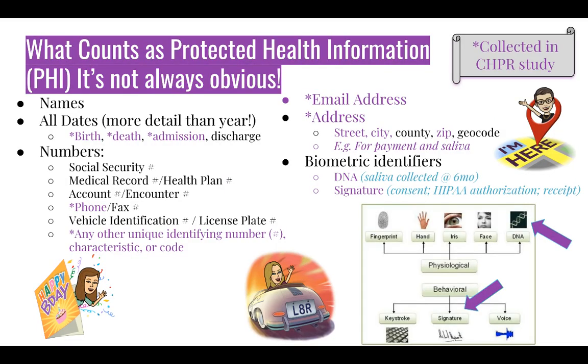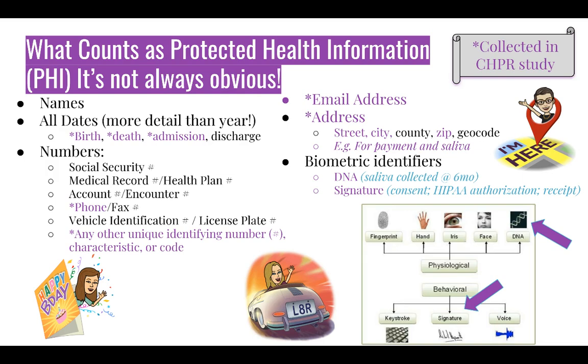And so what HIPAA actually protects is this list right here, Protected Health Information, PHI. So it's not always obvious. Some things are more common sense, like names, date of birth, things like that. But even admission date and discharge date can be identifiable characteristics of a patient.